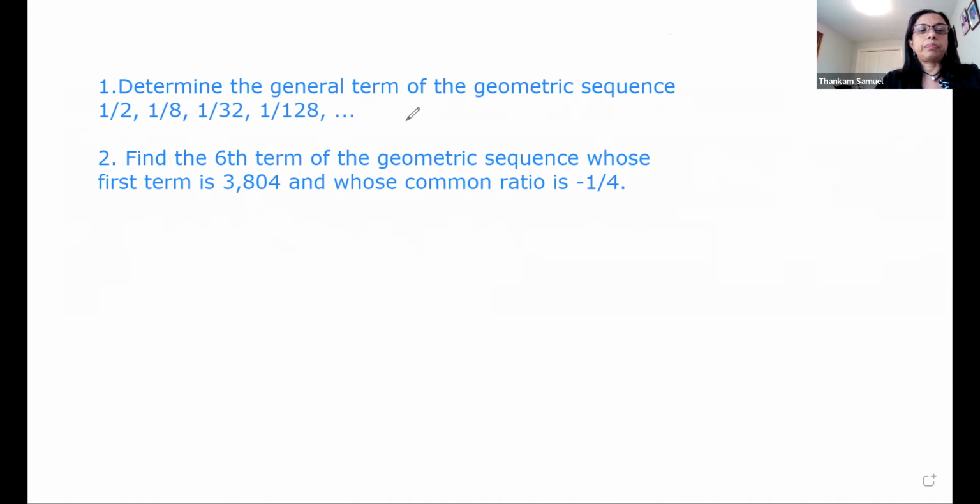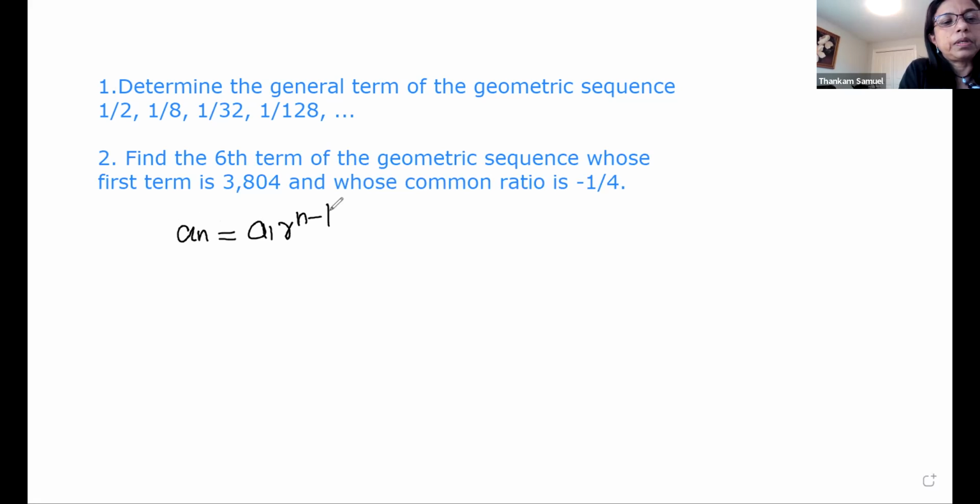So let's do the first problem. We need to find the general term. The formula to find the general term is a sub n equals a sub 1 r to the n minus 1. Here we are given a sub 1 equals 1/2.